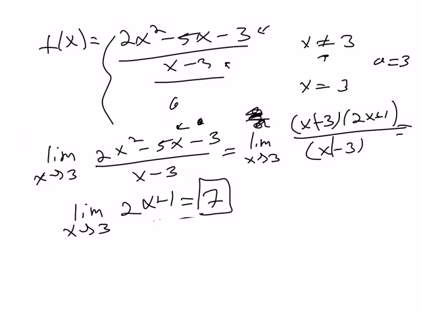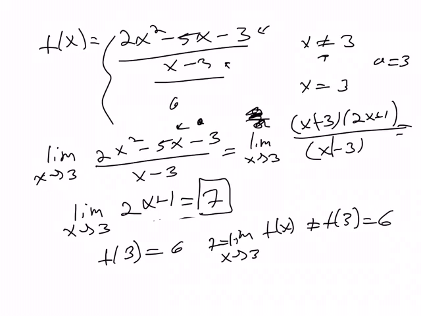So this limit is equal to 7, but f of 3 is equal to 6. So again, the limit as x approaches 3 of f of x equals 7, which does not equal f of 3, which is equal to 6. And that is why there's a discontinuity.